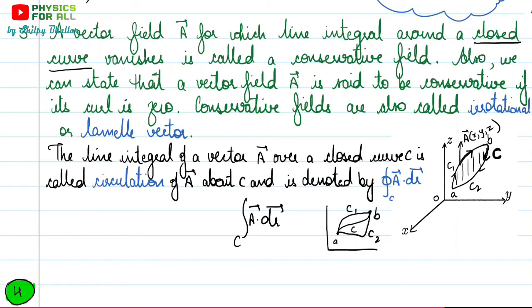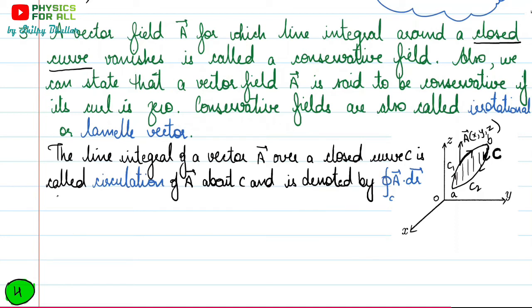They are different, but they are joined now, and this entire path becomes a closed curve C. So in that case, we would mention the name, and we would also make this circle over the integral, which shows that we are talking of a closed curve, a closed path.